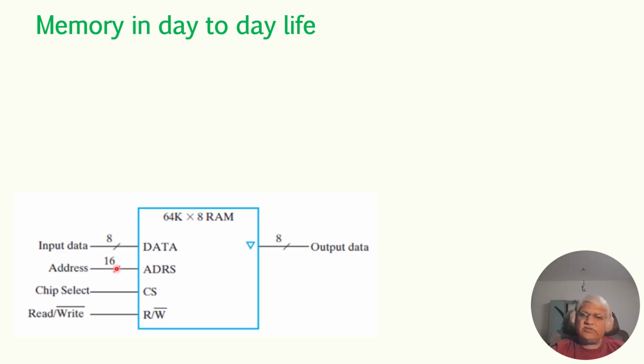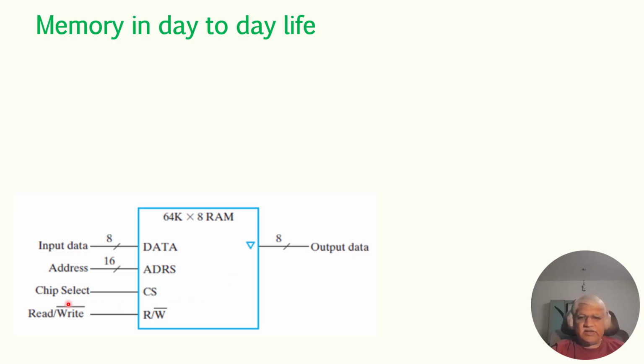That is 2 to the power of 10 into 2 to the power of 6, which is why it is 64K. Different address lines exist, 16 address lines, and within that a 64K array exists, in which different bits can be stored. It has an 8-bit output data bus.